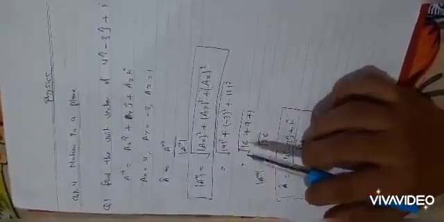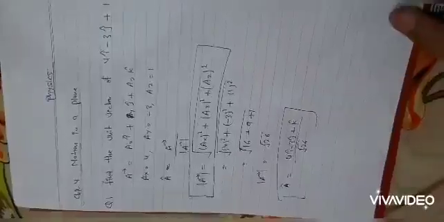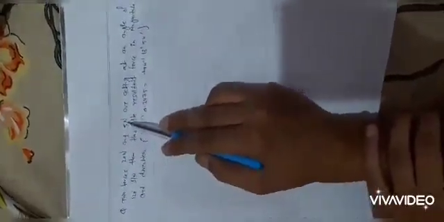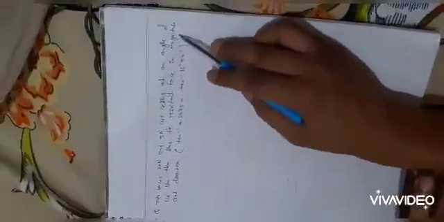Now let's do another example. Our next question is, two forces 20 Newton and 5 Newton are acting at an angle of 120 degree between them. Find the resultant force in magnitude and direction. So we have two forces.